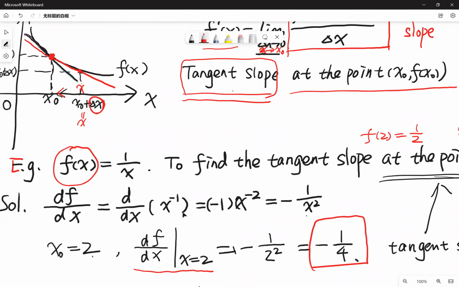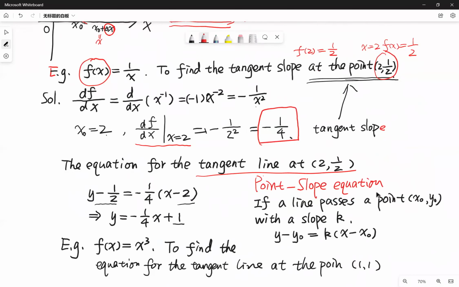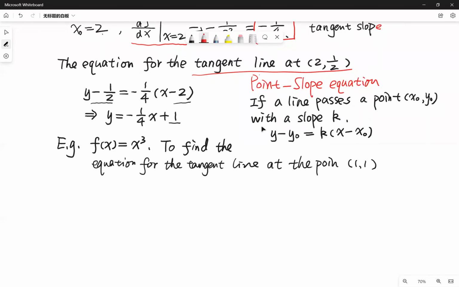Let's see. Here, first, to solve this question, we have to know the slope of the tangent line. And first, we should calculate the derivative of this function, right? Yes.